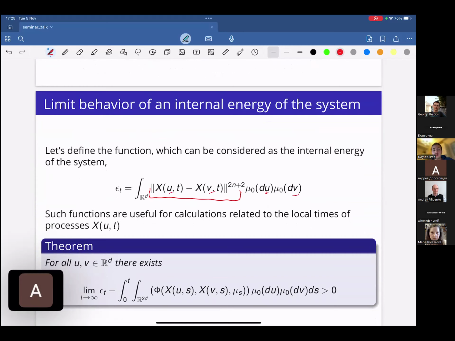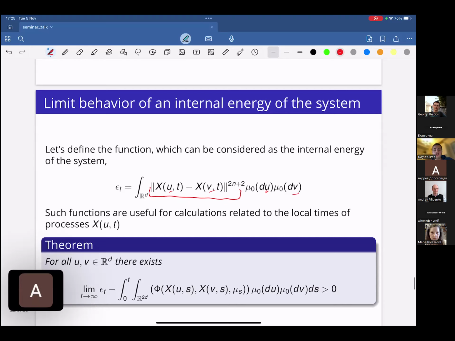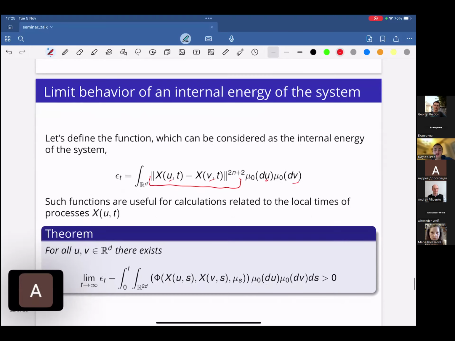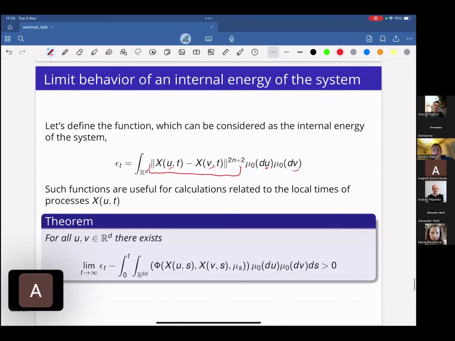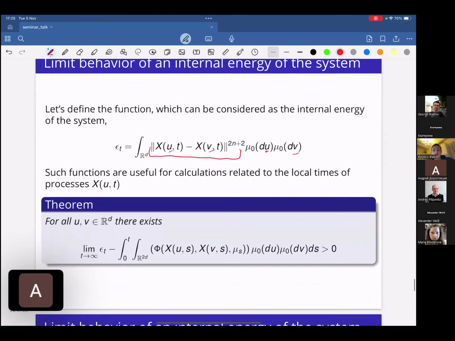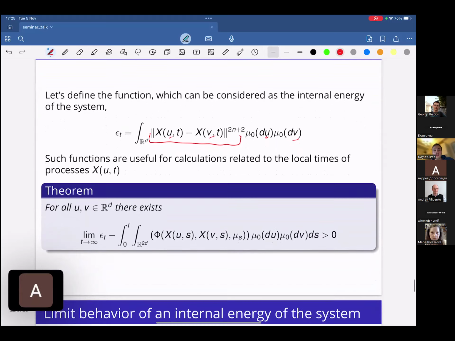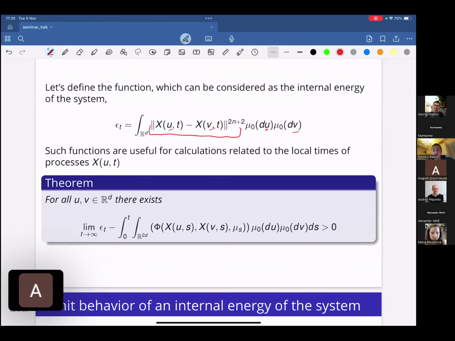These things we call internal energy, and I found such things when I read about local times, but I think it can be used in many cases. Using such epsilon t, we can again state the existence of such a difference.